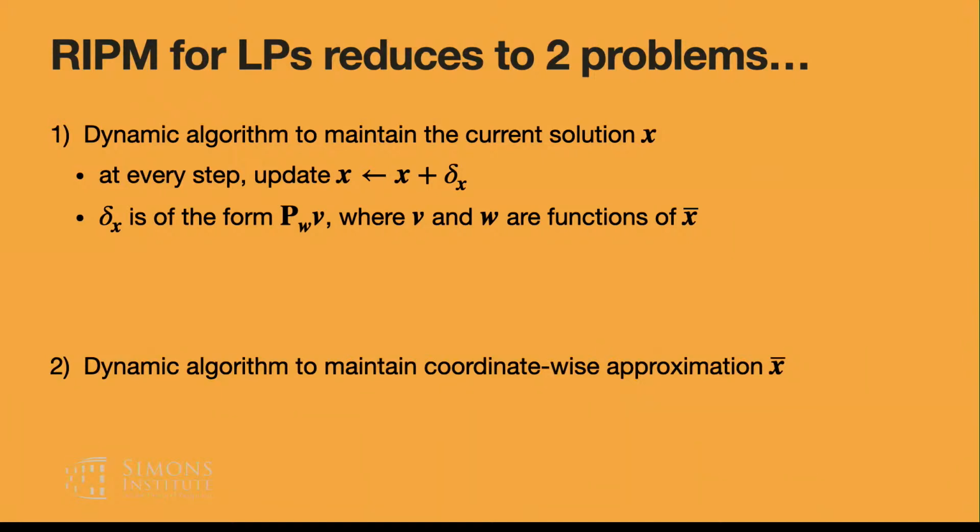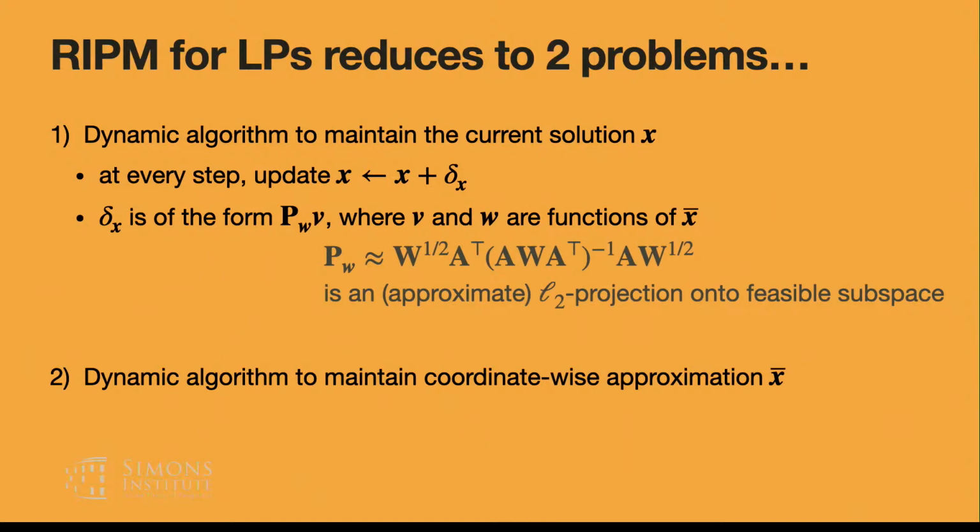In the regular interior point method, v and w would be functions of x instead of x bar. That's the difference. Here, P sub w is an approximate L2 projection onto the feasible subspace. In some of our papers, we use the exact L2 projection, and for the case of flow problems, we can have an approximate projection, which allows us to have even faster running times.